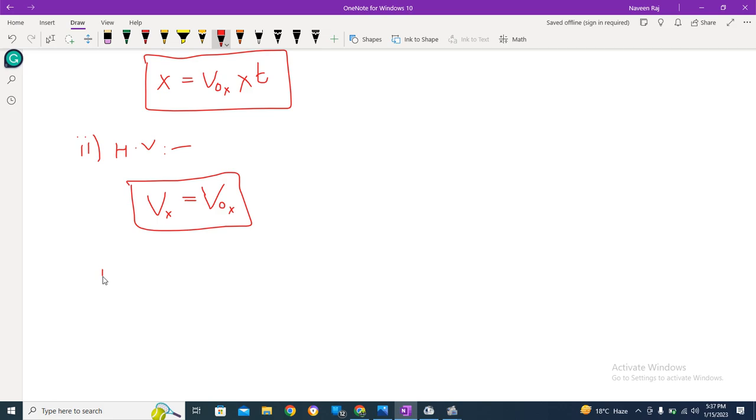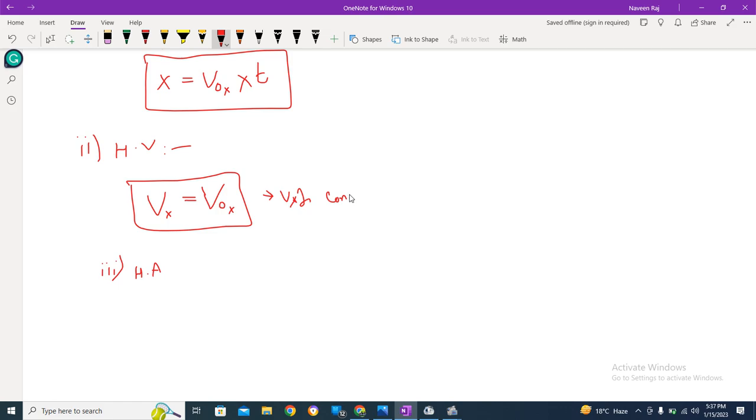Now let's move forward. On the third point we have horizontal acceleration. The velocity is constant in the x direction, vx is constant, because there is no force; air friction is neglected, and there is a force acting in the vertical but no horizontal force.